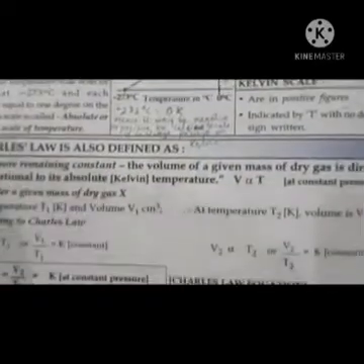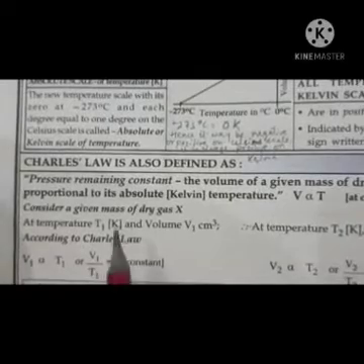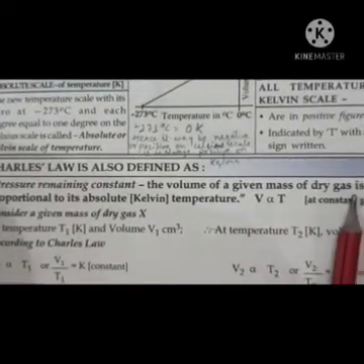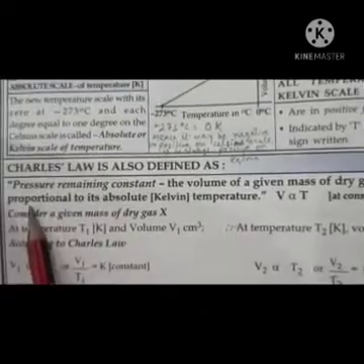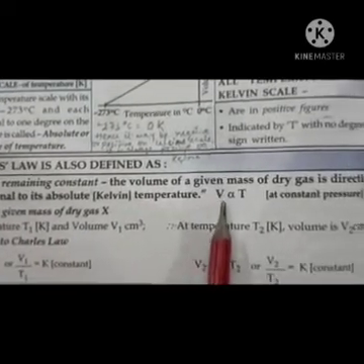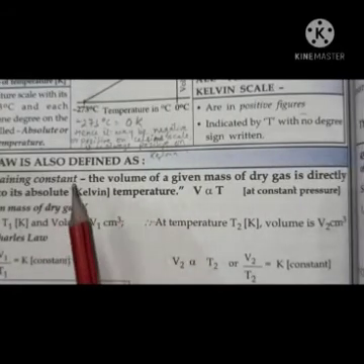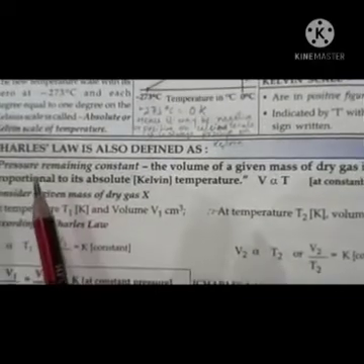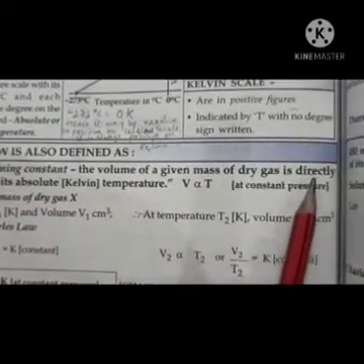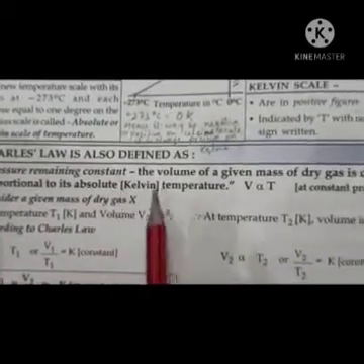So Charles law is also defined as follows, and you should learn this definition: pressure remaining constant, the volume of a given mass of a dry gas is directly proportional to its absolute Kelvin temperature.